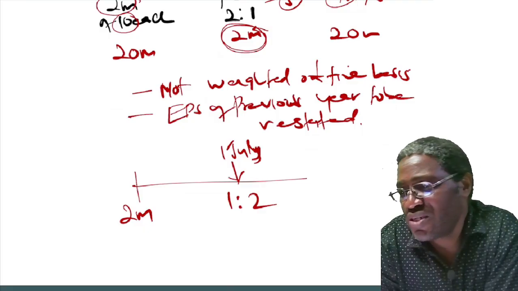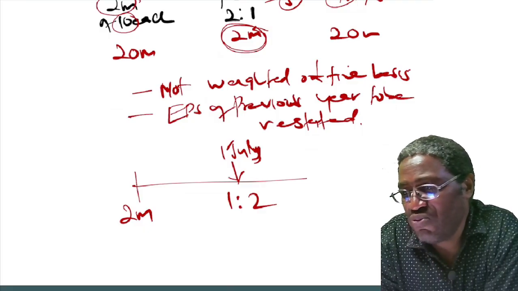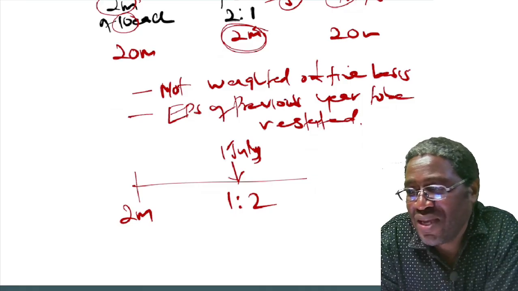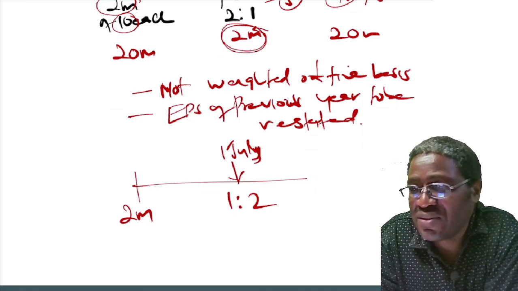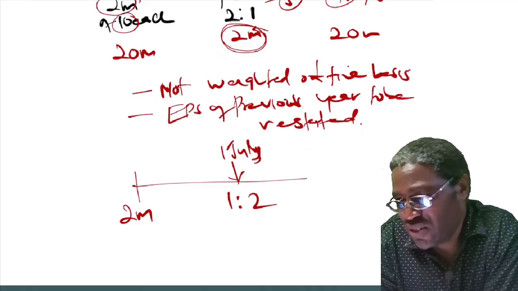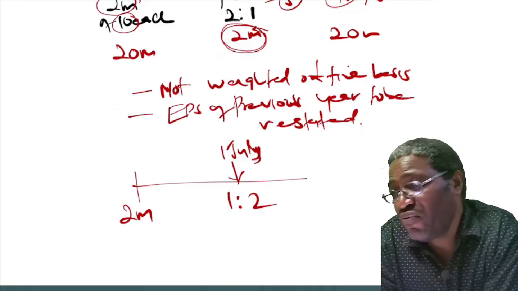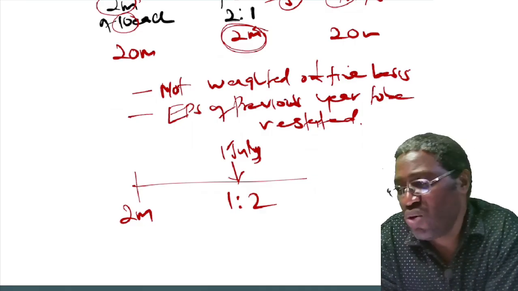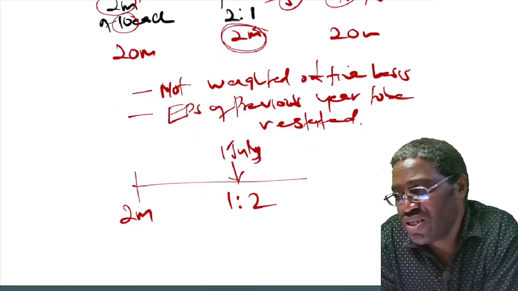So if you go to the register after 1st of July, you'll find how many shares? So from 1st July onwards, we shall find how many shares in the register?